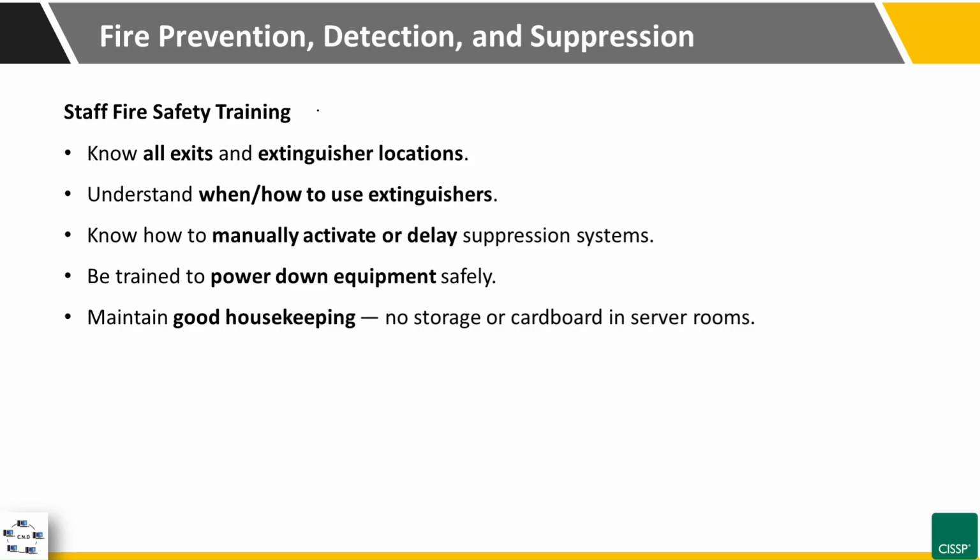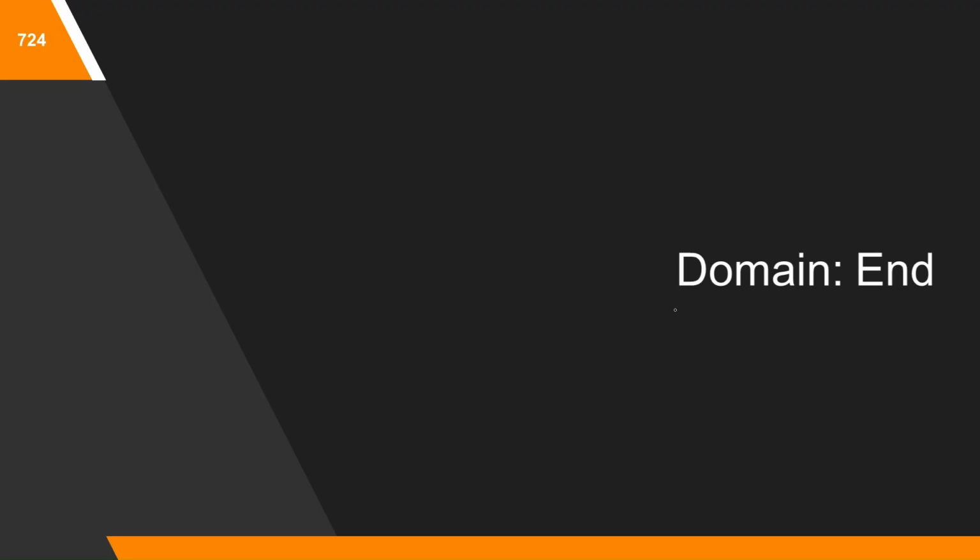So staff safety training: know all exit and extinguisher locations, understand when and how to use an extinguisher, know how to manually activate or delay the suppression system, be trained to power down equipment safely, and maintain good housekeeping. No storage or cardboard should be in the server rooms.